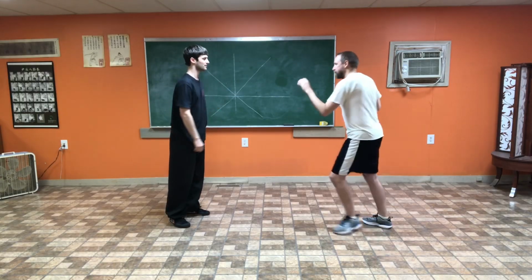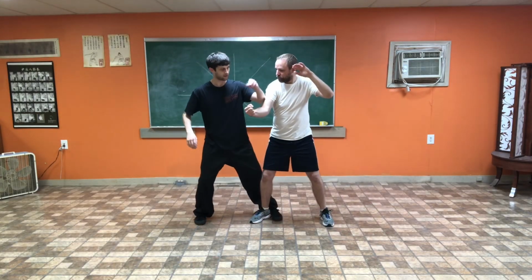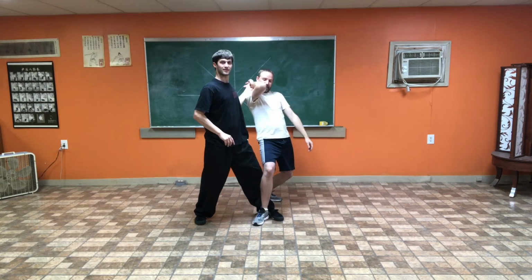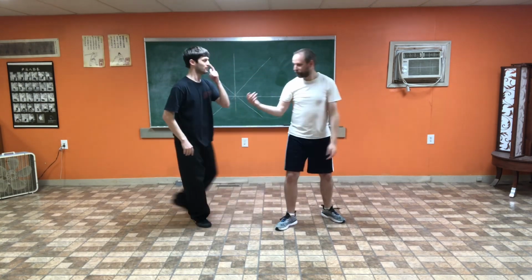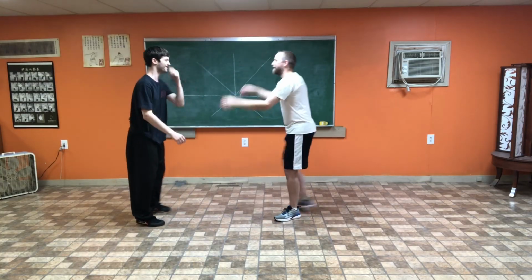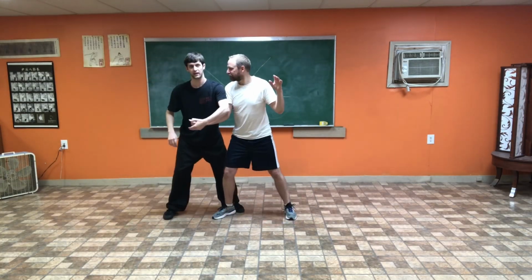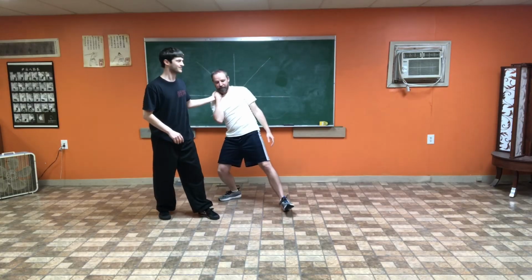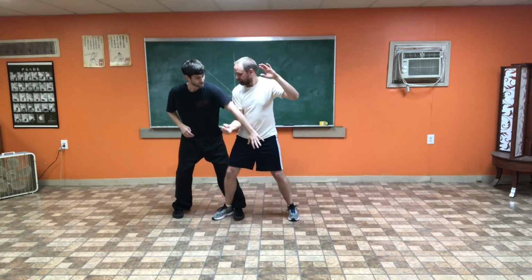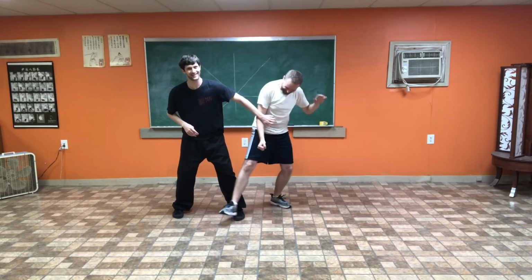So he attacks again, right? So here, I come across here, and that's where I get this. He throws a punch, I don't go like that, no. My hand happens to be here, so I use it. Or my hand happens to be here, so I use it.